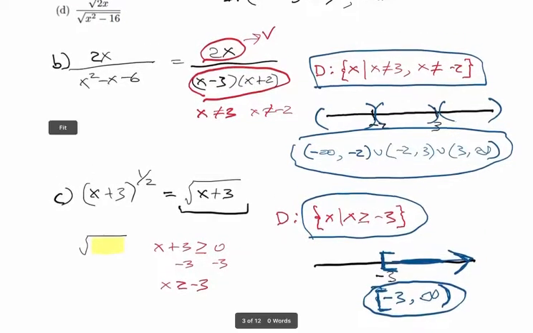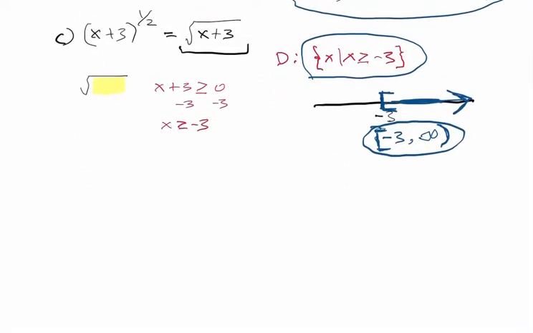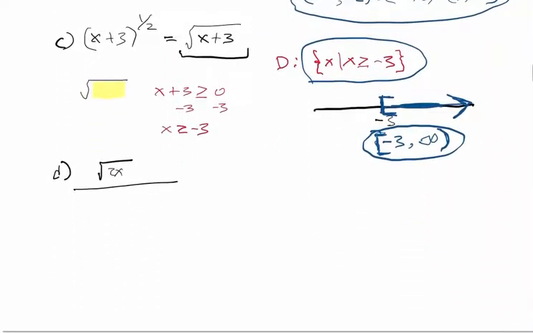Now let's look at part D. So let me rewrite it. I have square root of 2x over square root of x squared minus 16.